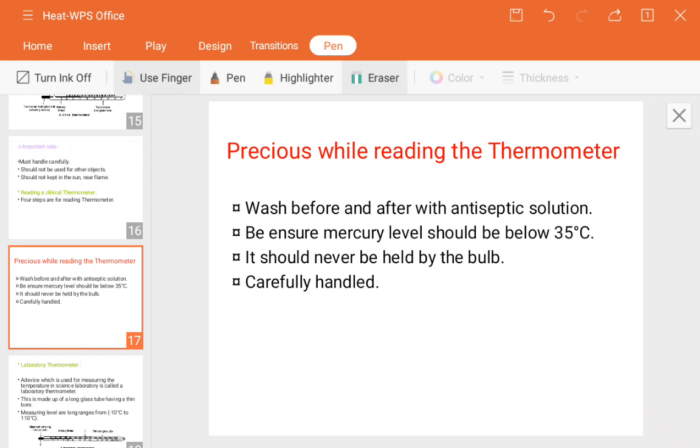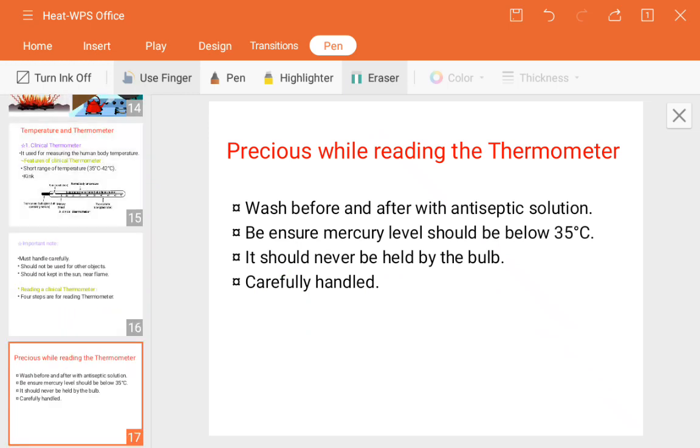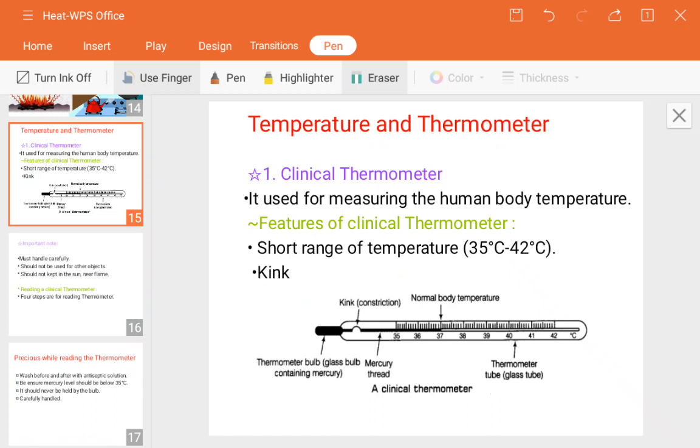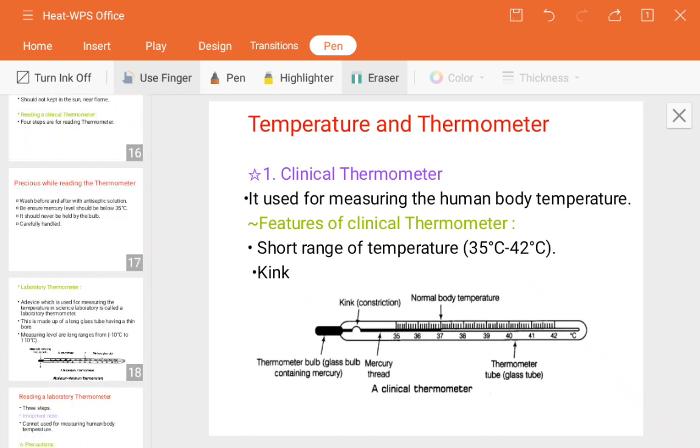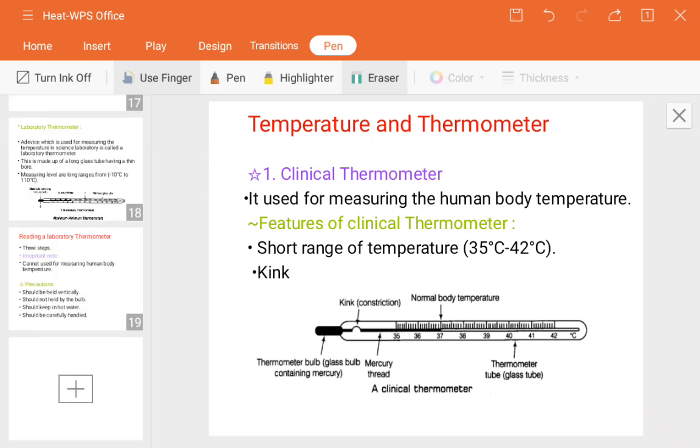Ensure the mercury level is below 35 degrees Celsius before and after measuring. It should never be held by the bulb, because we have to put that bulb portion inside our mouth. That's why we should not touch that black portion with our hand.